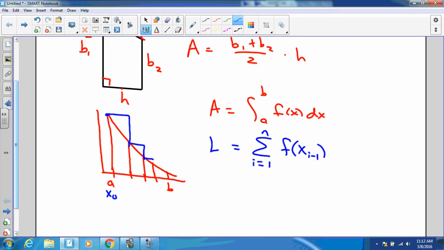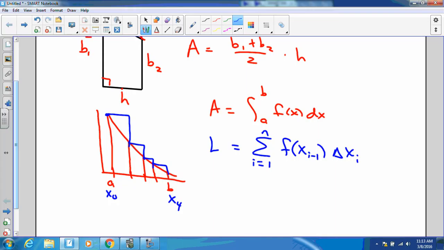And then f of x1, f of x2, f of x3, and I never do f of x4 because at that point 0 through 3 cover all of my rectangles. So I add up then f of x sub i minus 1 times delta x, and that gives me a left-hand sum.